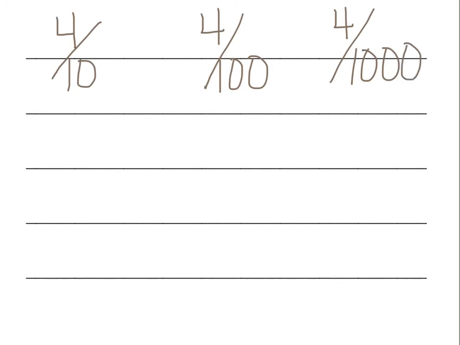Draw them all out just like that, write them all out just like that, and turn the first one into a decimal. I'll give you a second to write it right underneath, and yours should look like that: 4 tenths. It's in the first place after the decimal. Go ahead and do the 4 hundredths, and hopefully yours looks like this. I say the number and the last place value, which is hundredths. Again, math isn't thinking hard, it's thinking smart and finding patterns. Go ahead and do the last one.